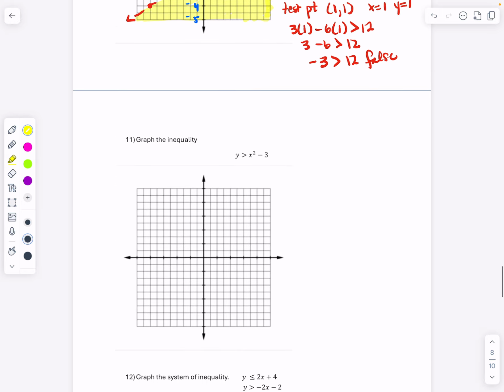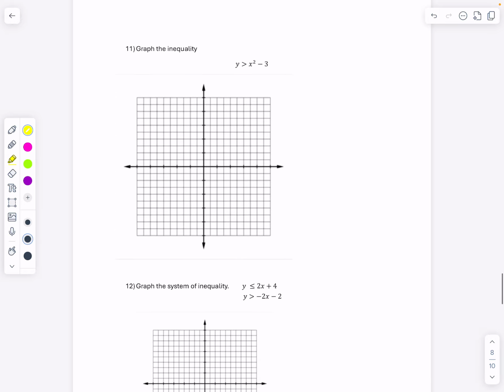I'm going to go ahead and push my luck and do number 11 as well. Graph the inequality. We did these on the last test, and we saw that when we have x squared, the parent function looks like this. This point is (1, 1), and this point is (-1, 1). Then we go to (2, 4) up here, and (-2, 4). I have the parent function, but I'm going to have to drop it down 3 units.